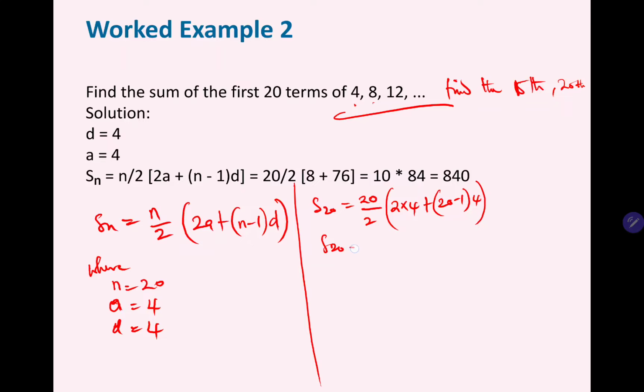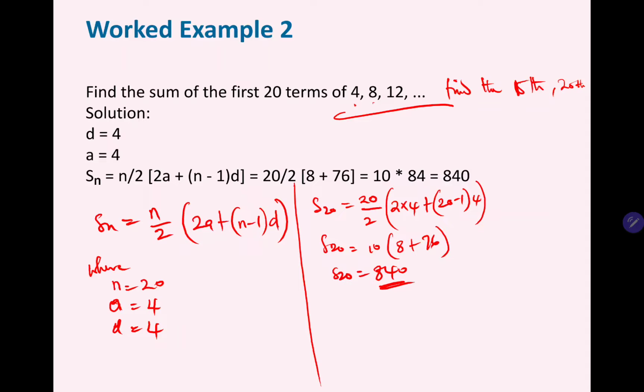And S20 is the same thing as 10 into 2 times 4 is 8 plus 19 times 4, 76. And then S20 is equal to 10 times 84, which should be 840. So the sum of the first 20 terms should be equal to 840.